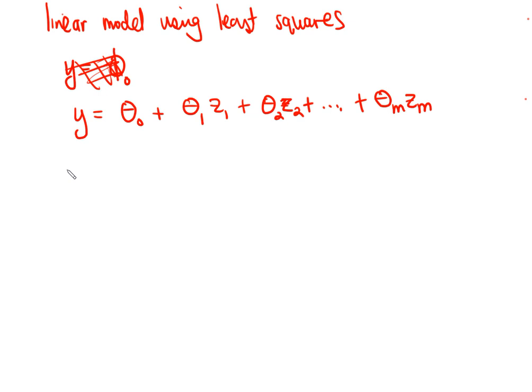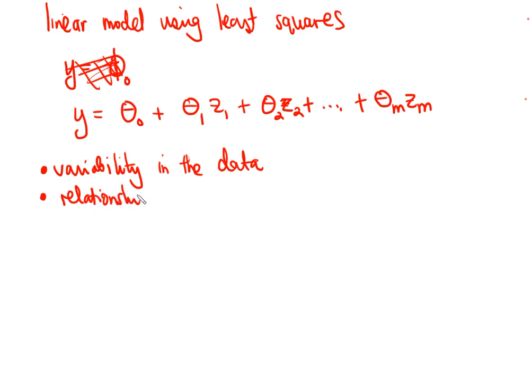Those are two things that we are concerned about: the variability in the data, and the relationship with the response. So in PCA, we want the z's to explain a large percentage of the variability in the data.